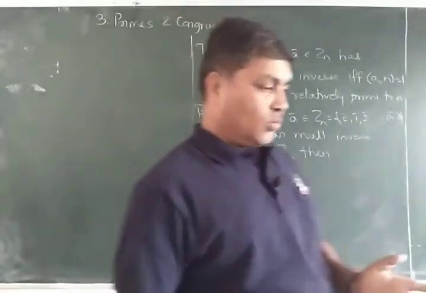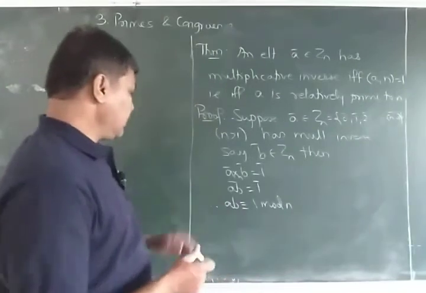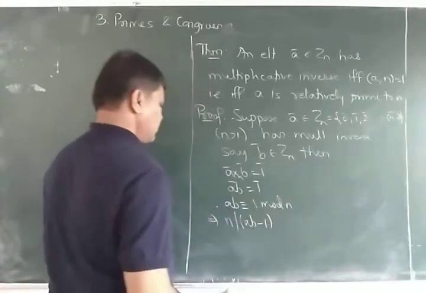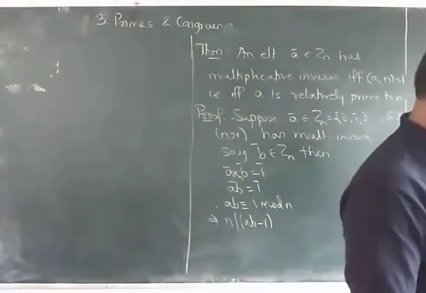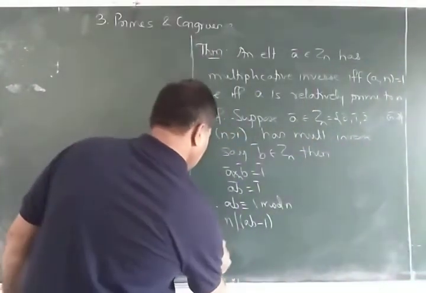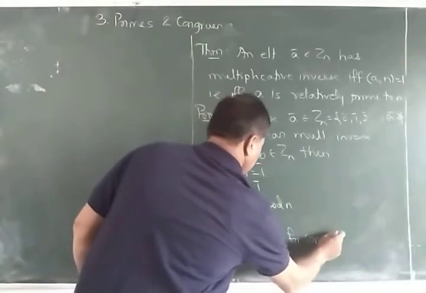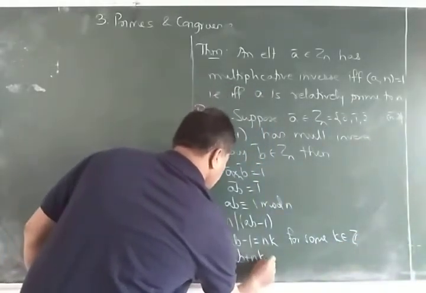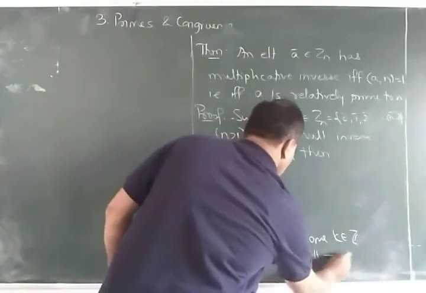This means n divides ab minus 1, which means ab minus 1 is a multiple of n, that is nk for some k belonging to Z, and therefore ab plus nk is equal to 1 for some k belonging to Z.